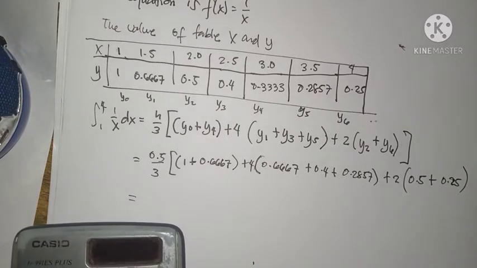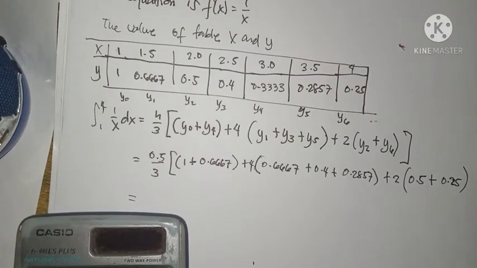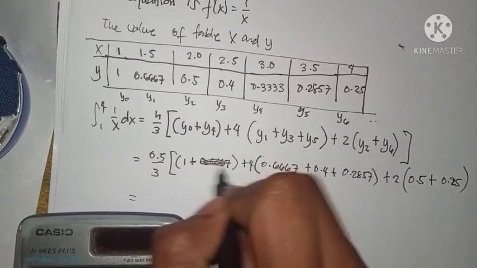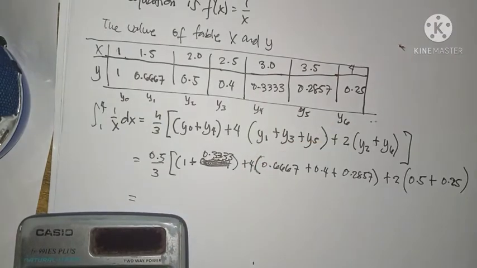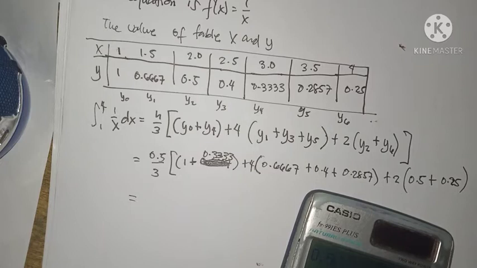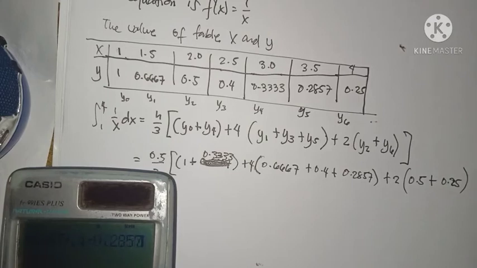Okay, wait, this is wrong. This is y sub 4, which is 0.33. So 0.5 over 3 times 1 plus 0.33 plus 4 times 0.467 plus 0.4 plus 0.2857.